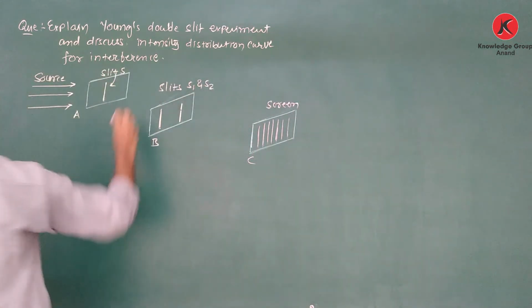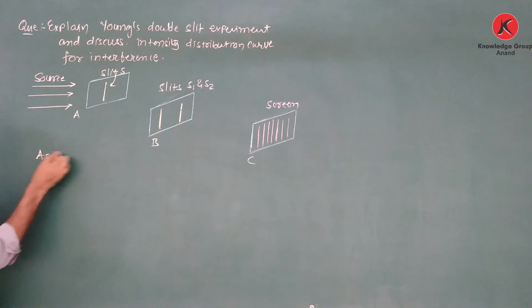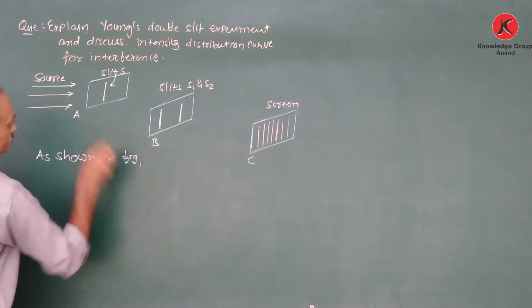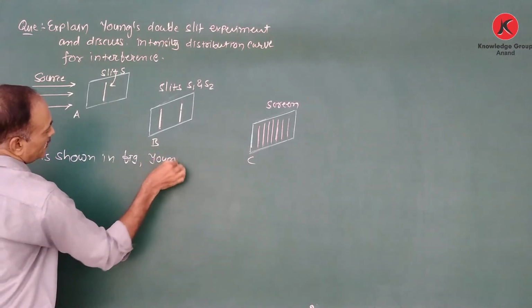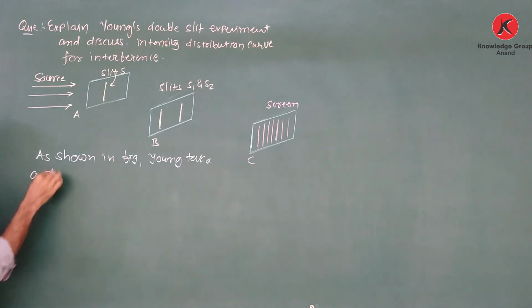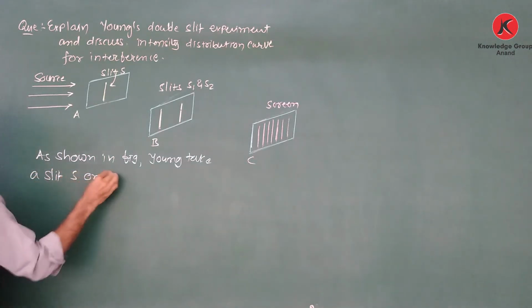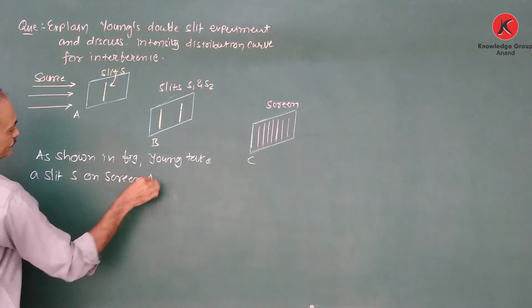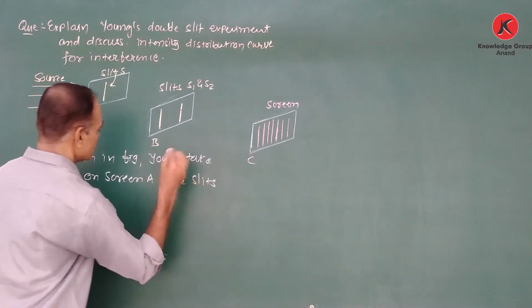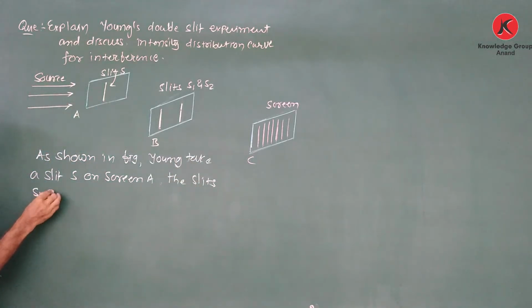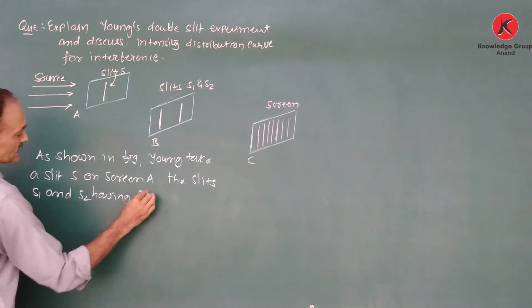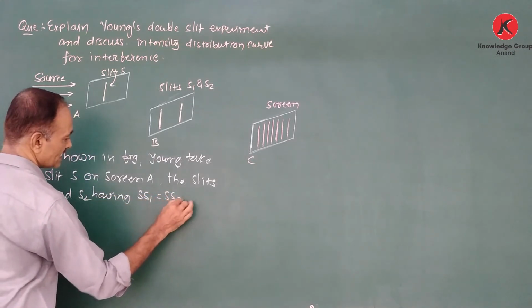So we write down here like this. As shown in figure, Young takes a slit S on screen A, and slits S1 and S2 on screen B, having SS1 equal to SS2.